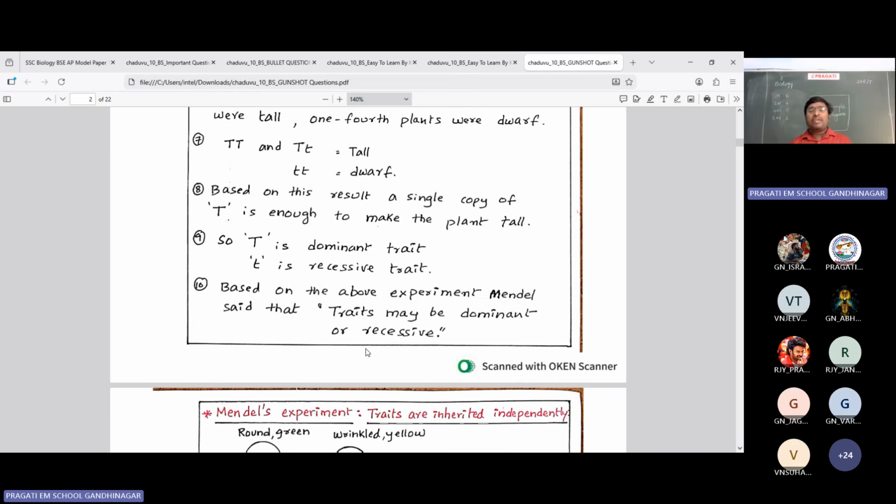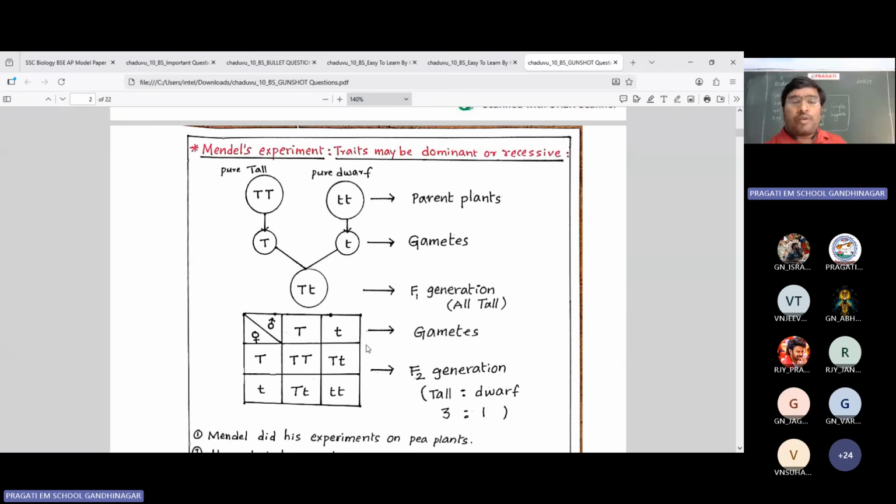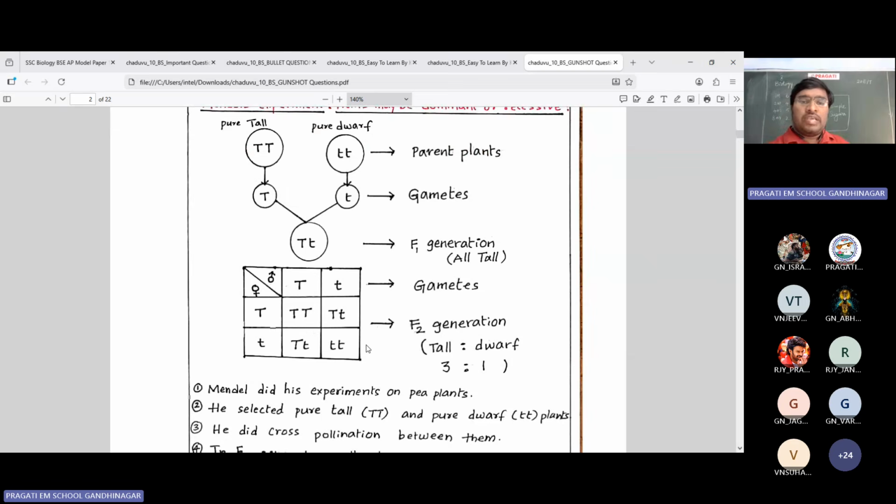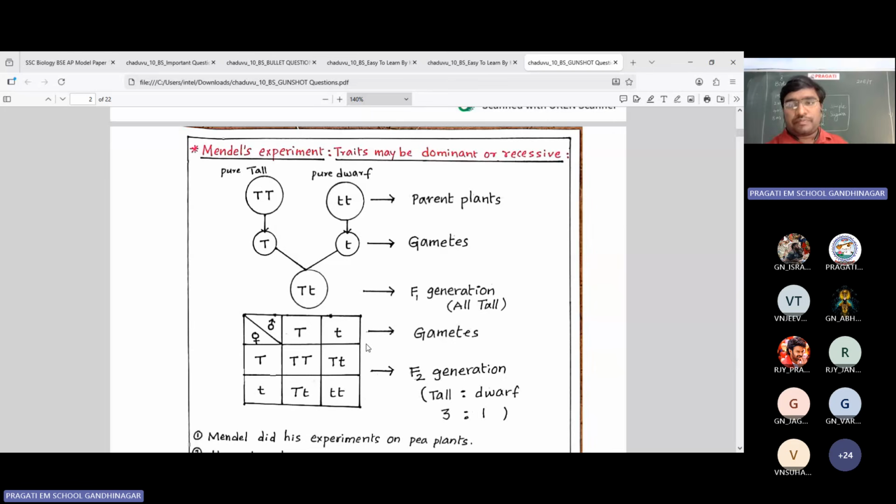So based on the above Mendel experiment, what we have to say: the traits may be dominant or recessive. Based on the monohybrid cross, we should write this explanation. Okay children, this is the way you should represent the monohybrid cross. My expectation, this is the question in your exam for 8 marks.